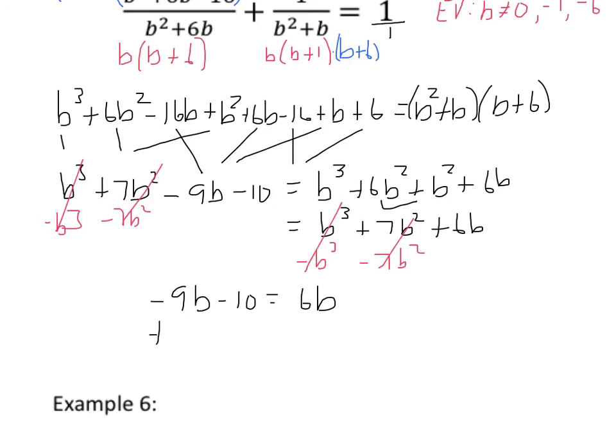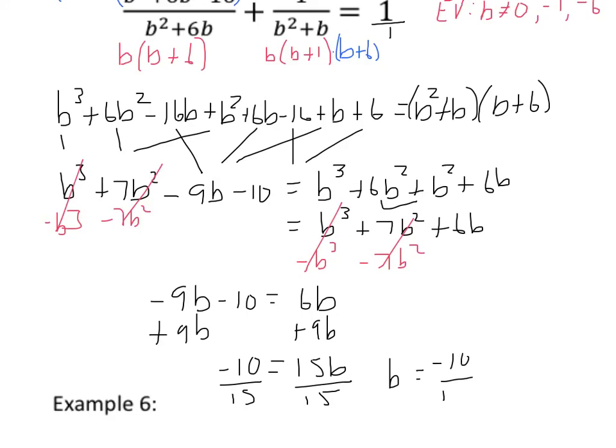So I'm going to add 9b to both sides, and I get minus 10 equals 15b, and divide by 15, and b is equal to negative 10/15, which is negative 2/3, which is not one of our excluded values, so it works. This ends lesson 9.5, video 6.